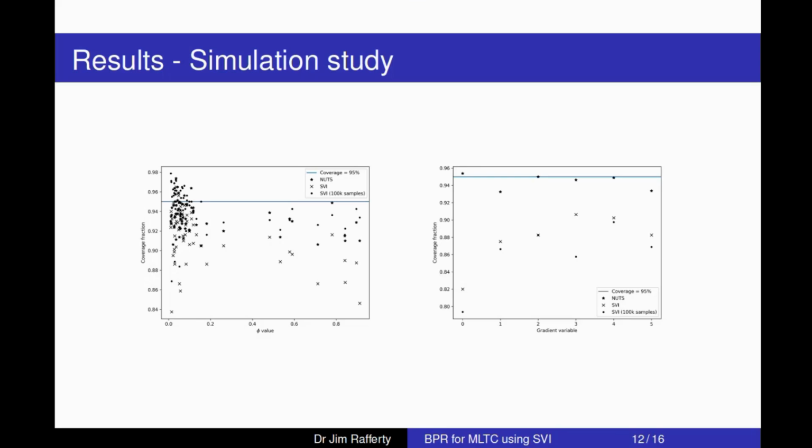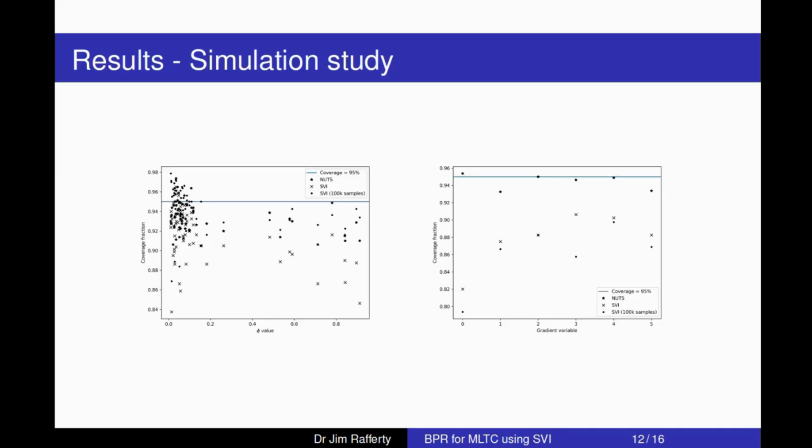The stars represent coverage from a NUTS fit, and dots and crosses represent coverage from SVI fits. You can see on that plot that they're all broadly in the same ballpark. The SVI coverages are a little bit lower than the NUTS coverage.